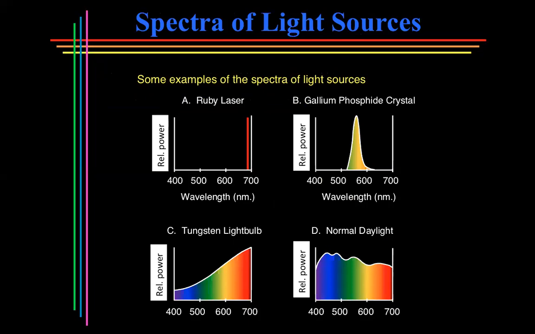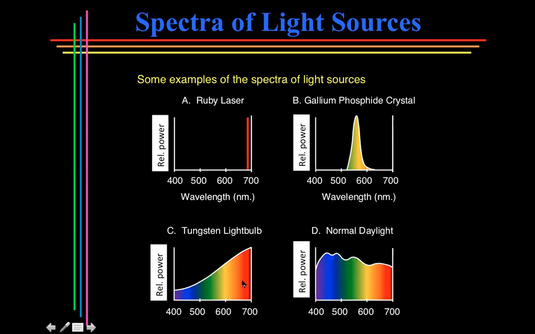For a ruby laser, you basically only have a wavelength corresponding to the red color. For a gallium phosphide crystal, you have some wavelengths corresponding to yellow and some green color. For a tungsten light bulb, you have light which basically contains yellowish and reddish light.